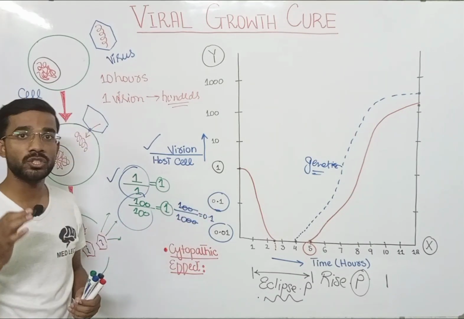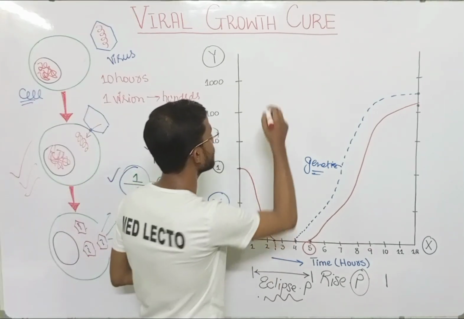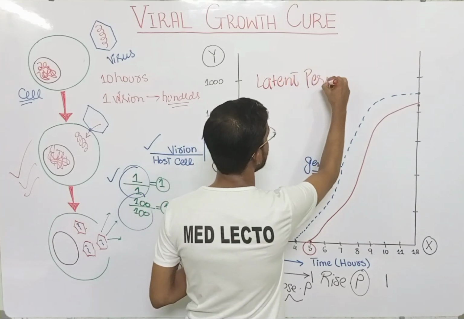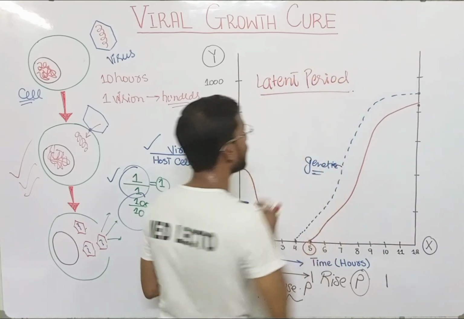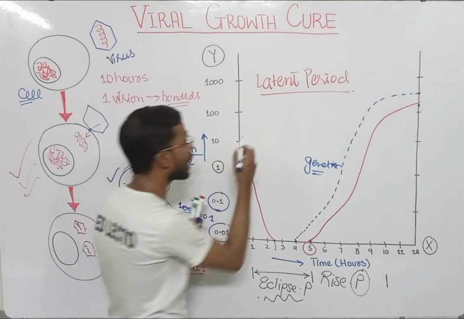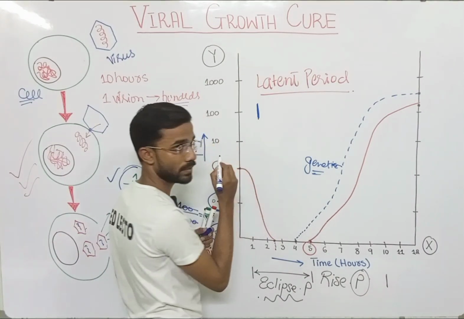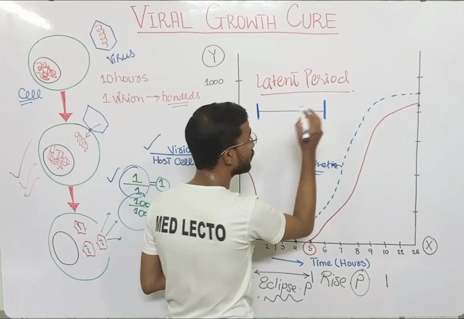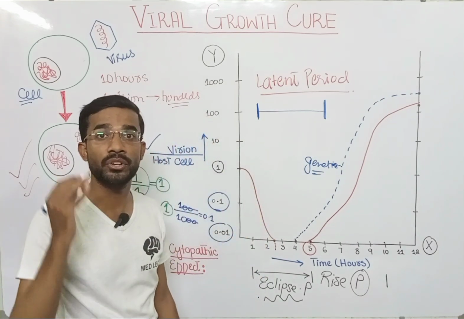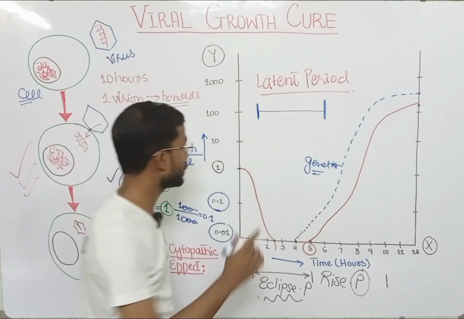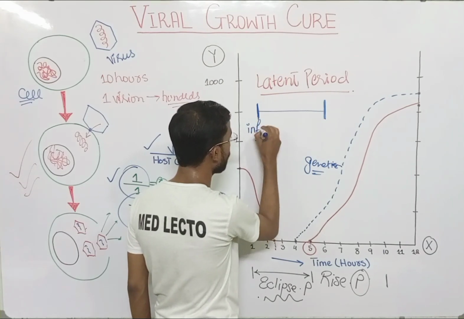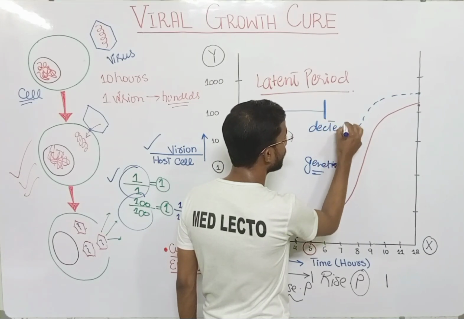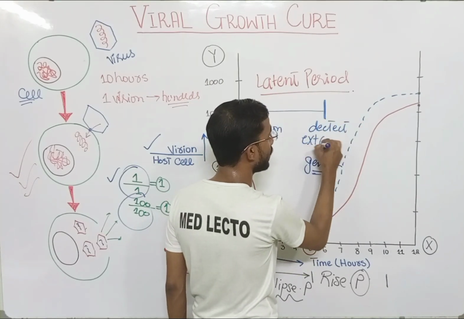There is a term that is quite confusing, and that term is the latent period. What does it mean? The latent period is the starting of the infection up to the state at which you can detect the virus or virion outside the cell, that is, detection of the virus extracellularly.